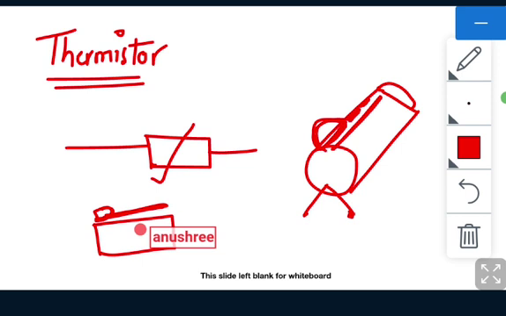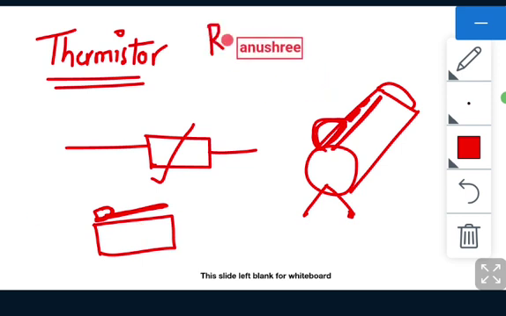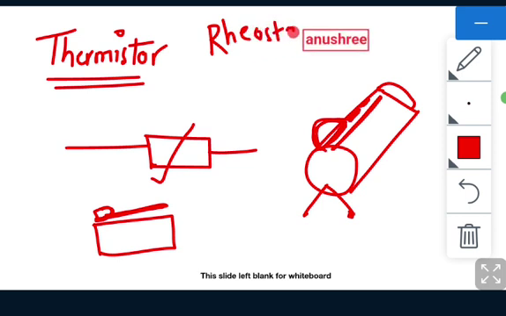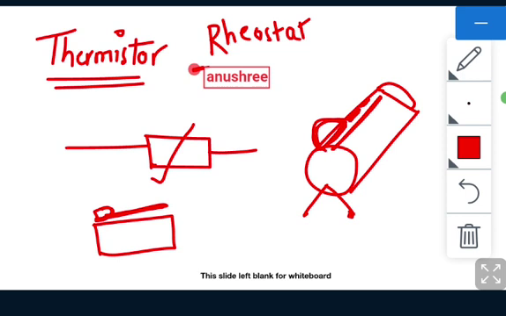So the two types of variable resistors are rheostat, I'm just writing it down. They are widely used in experiments, like in your school labs, where they use the rheostat a lot. And potentiometer.